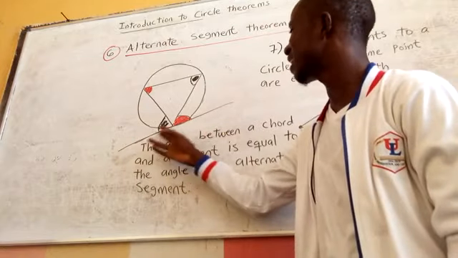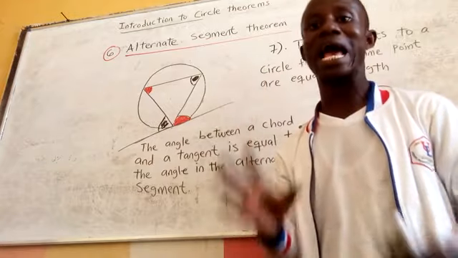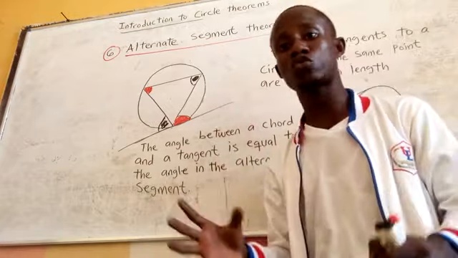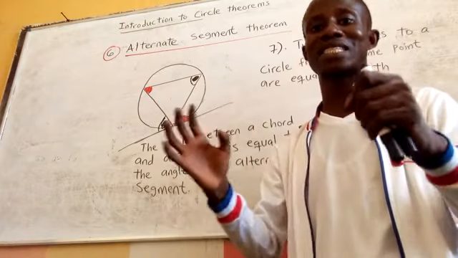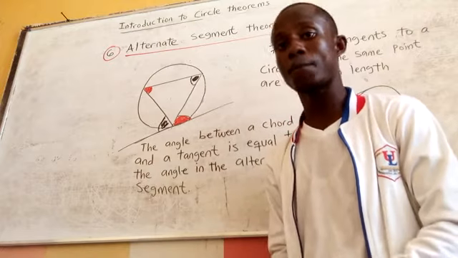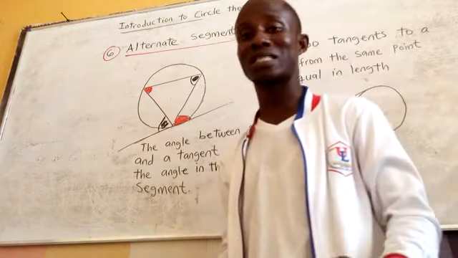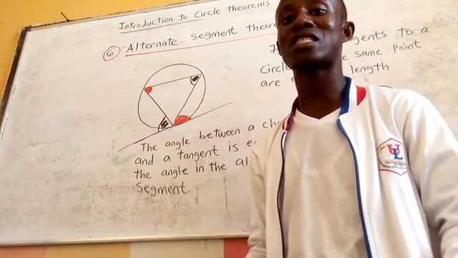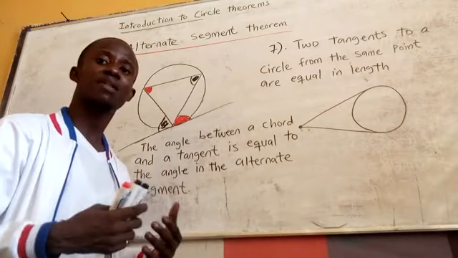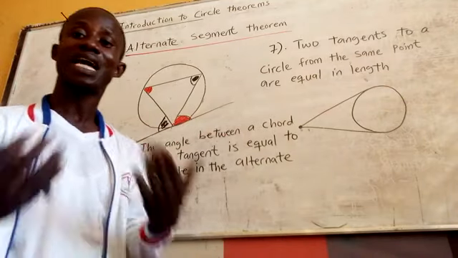A tangent line is a line that is drawn outside of the circle that touches it at exactly one point, and this one point is referred to as the point of tangency. Thereafter, you can check for a chord. A chord is a line that touches the circle at exactly 2 points. It is also referred to as a secant line. So when you have these three things, it means that the alternate segment theorem is applicable.